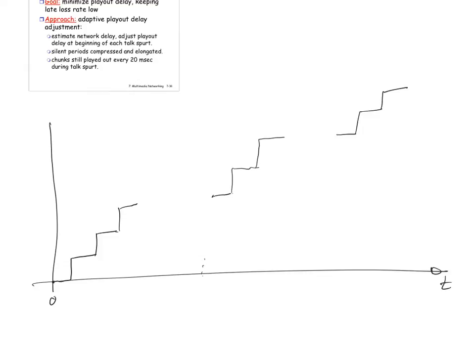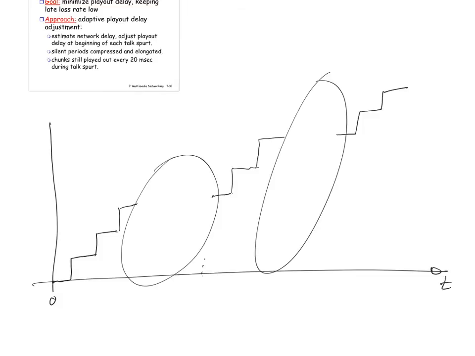So what they try to do is that during these silence periods, they try to adapt the playout delay. Okay? So for some periods, I use possibly long or short. Well, my objective is to minimize it, but minimize it based on some network level measurements.